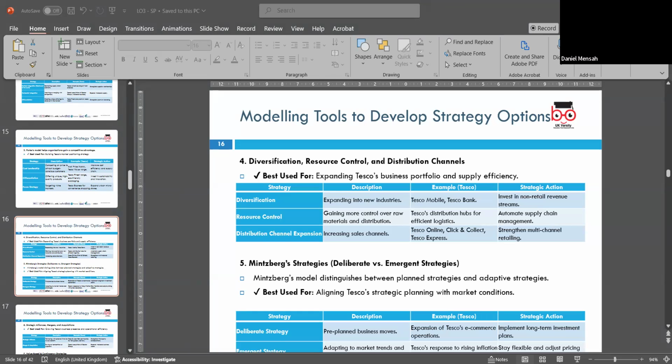We have already discussed diversification. Sorry, these are corporate expansion strategies. Diversification we have already discussed, and distribution.